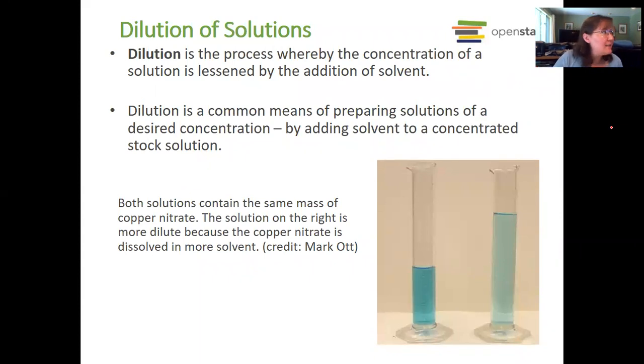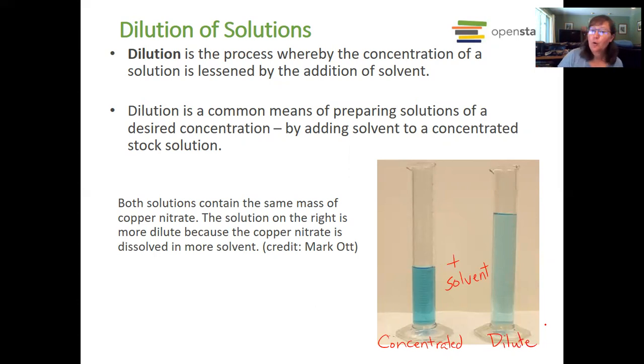Okay, now our next thing that we're working on here is dilution. So dilution is the process where you're taking the concentration of a solution and you're making the concentration lower by adding solvent. So this is a good example for this. Here we have a concentrated solution. And we take our concentrated solution and we add, it's probably water, but we'll say we add solvent to form a dilute solution.